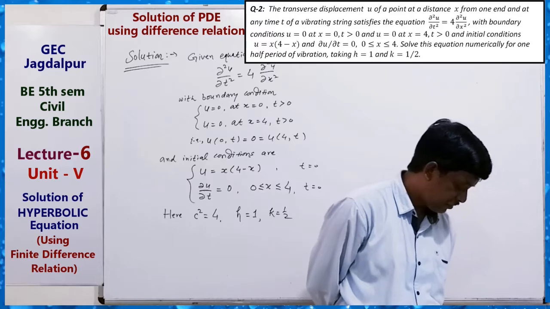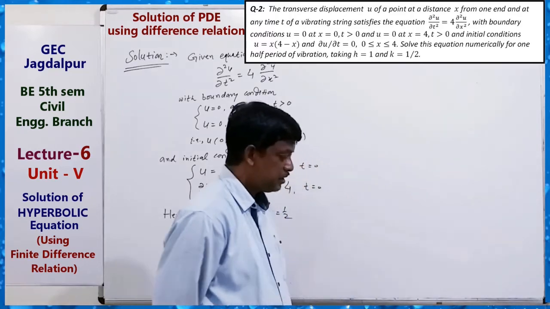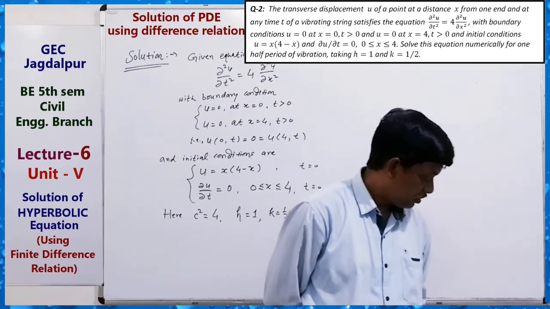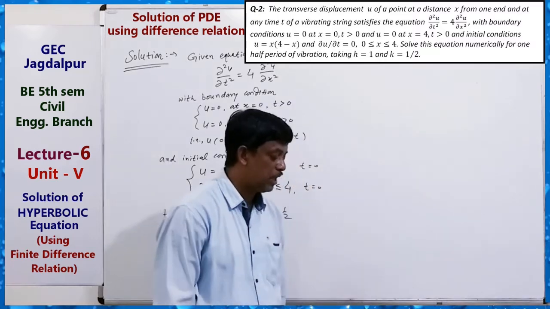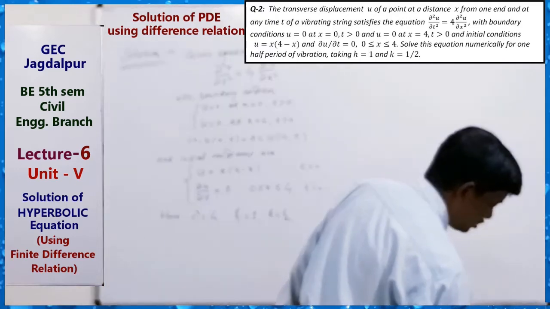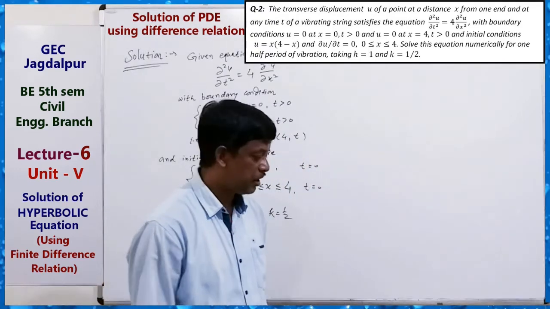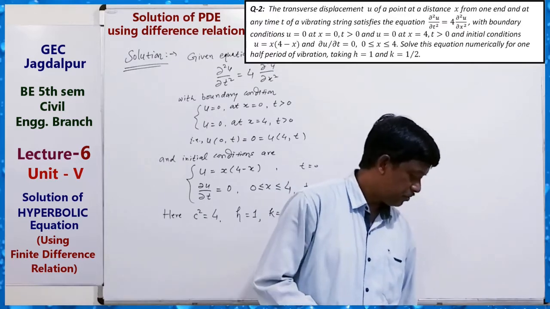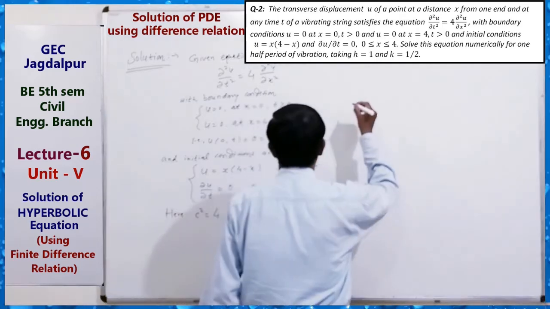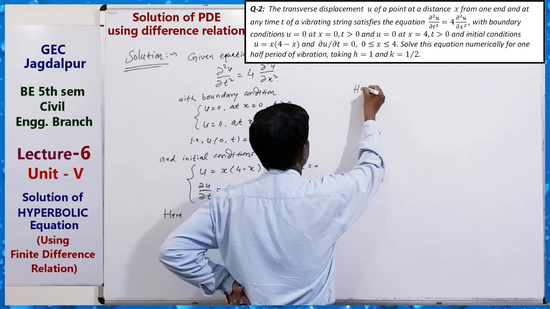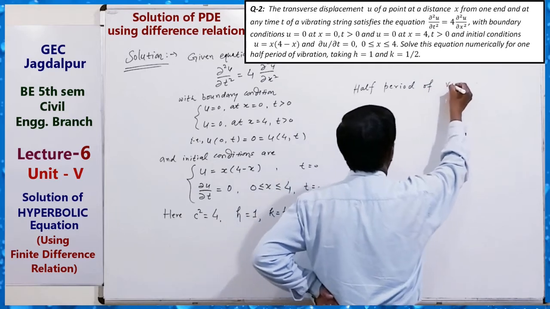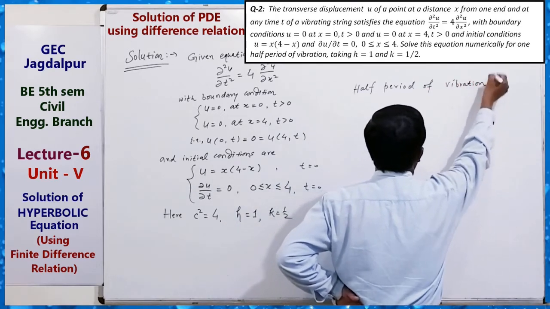Okay, so here it is given for half period of vibration, and the period of vibration is given by 2L by C. Since we have to find the solution for a half period of vibration, what is the period of vibration?